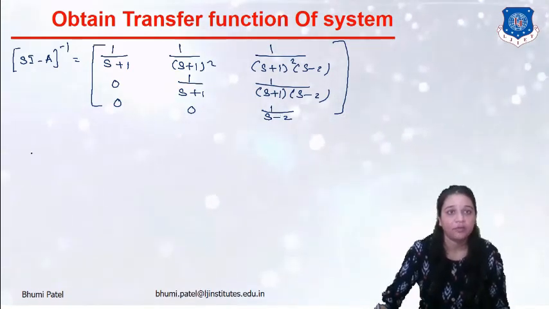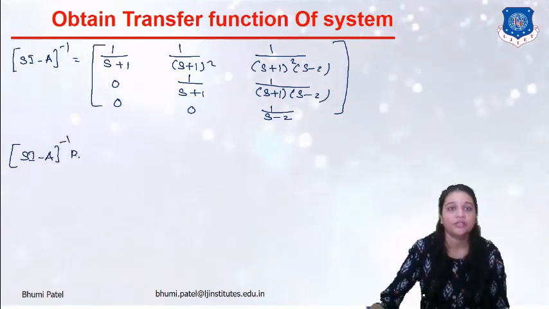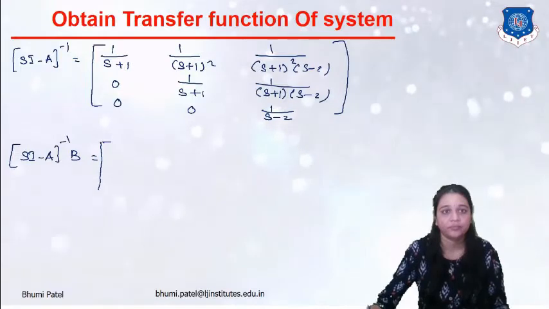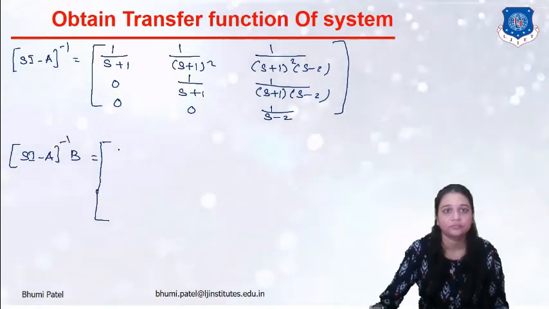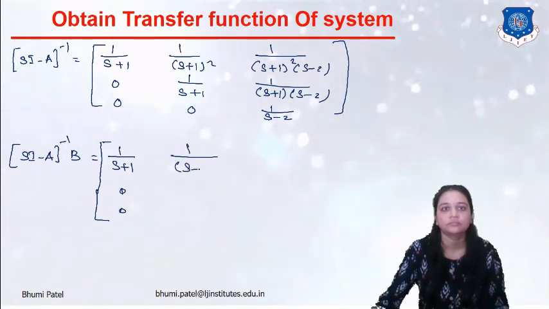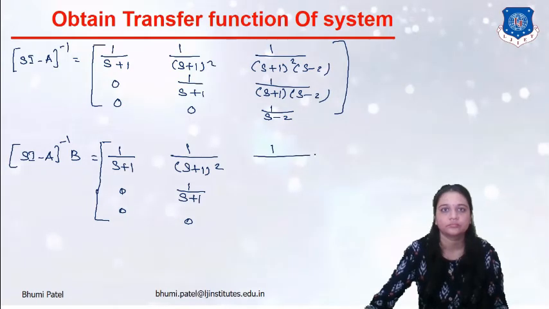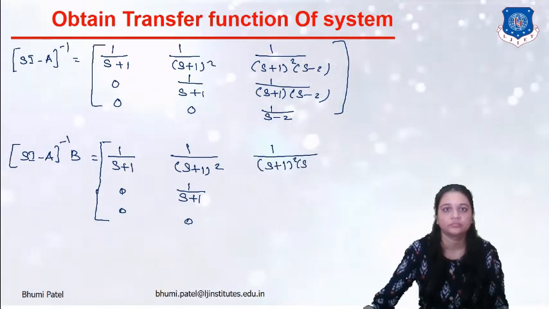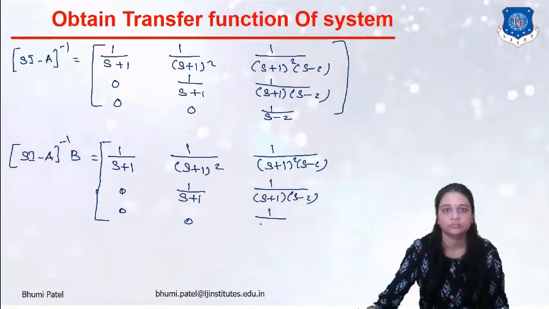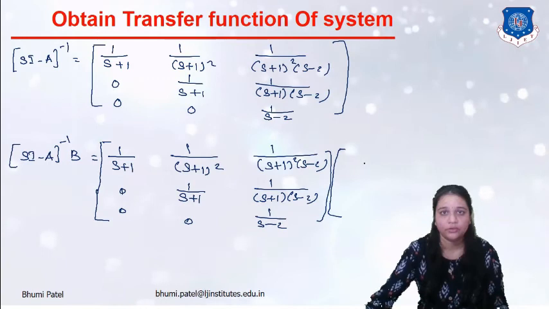So this is my sI minus A inverse. Now the next step is we have to find sI minus A inverse into B. Okay, so this matrix multiplies with the B. So we can rewrite this matrix. And our B matrix is 0, 0, 1.